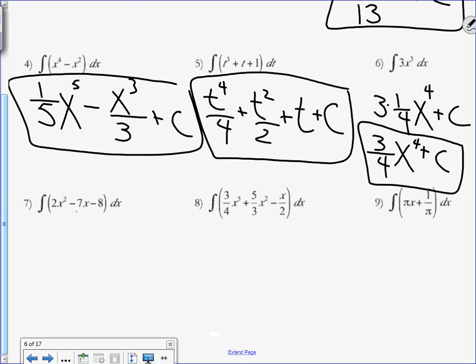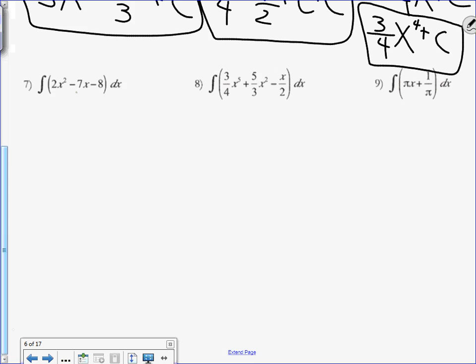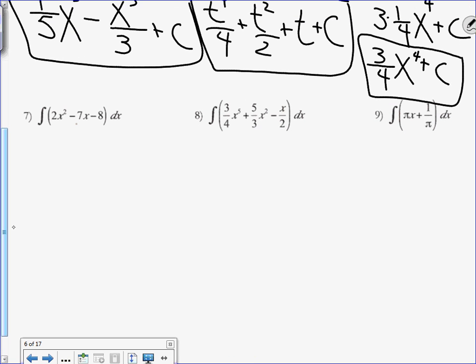All right, what's going on here? Oh, this is not bad. All right, we got number 7. Who's brave enough to get the first term of our antiderivative? Manny. 2/3 x cubed. Beautiful. Second term. Riley.